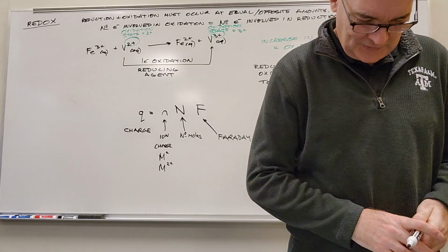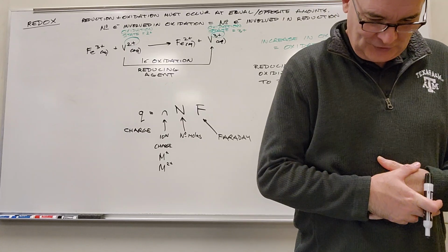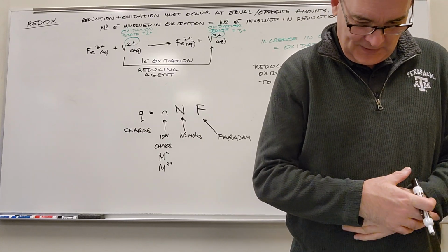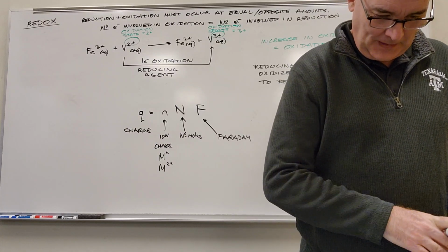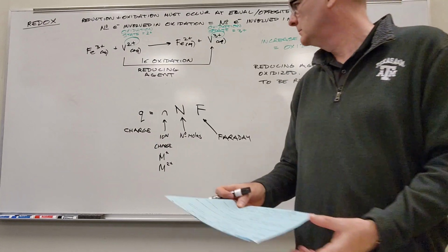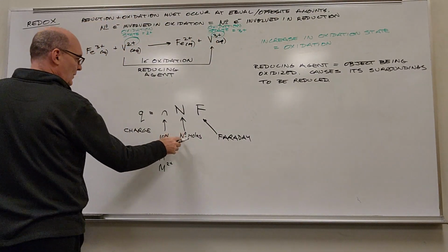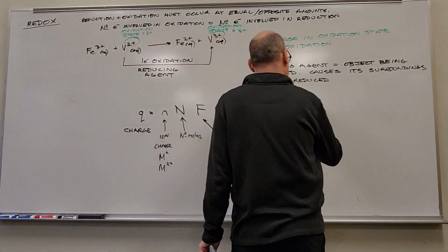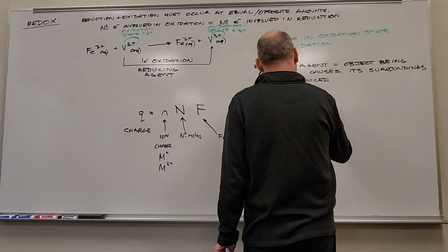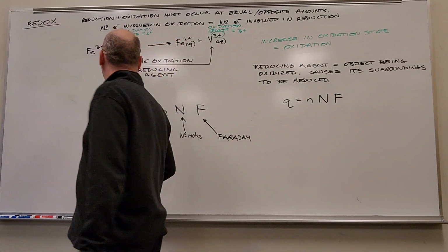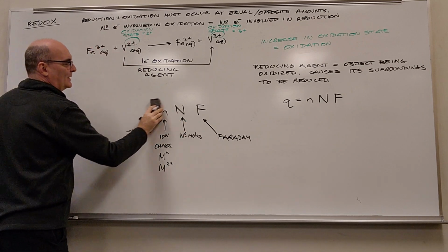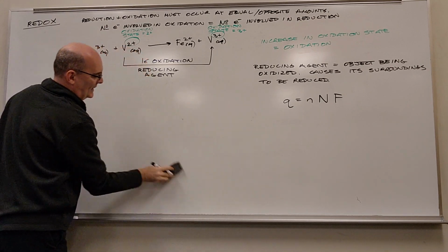Okay, question. How many coulombs of charge are transferred when a certain number of grams of iron are reduced? I'll write this over here. Q equals n F. Might want to look this up in a different book and see if it uses that same notation.